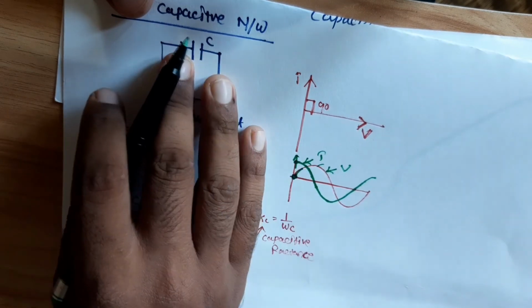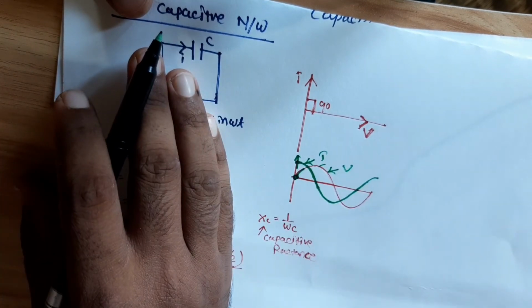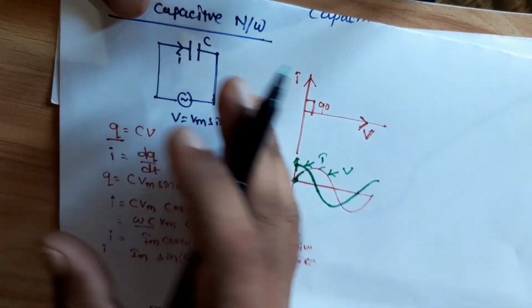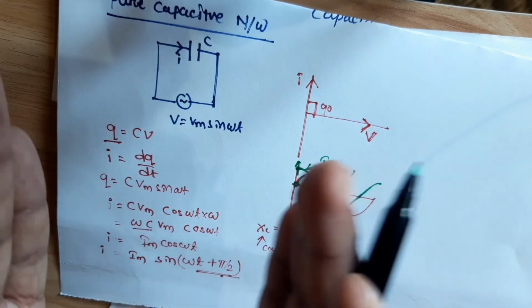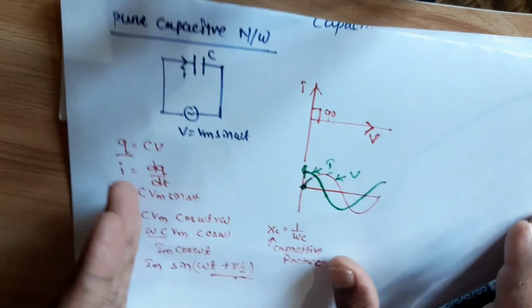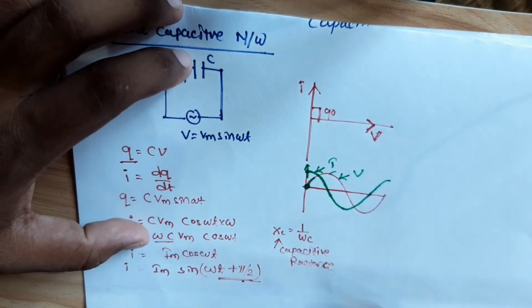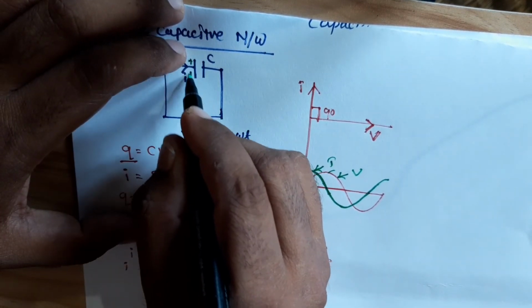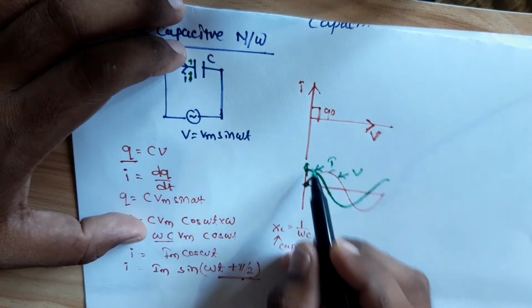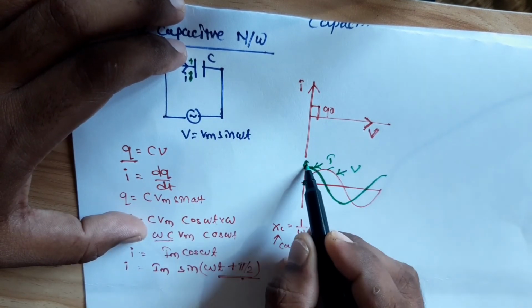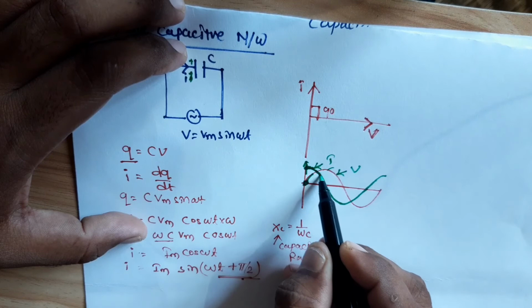Then the capacitor tries to maintain a particular potential at this point. So it will maintain a high value at the start, and initially it will decrease.